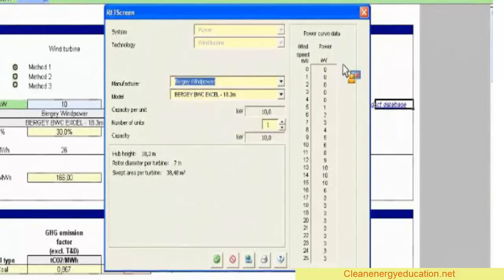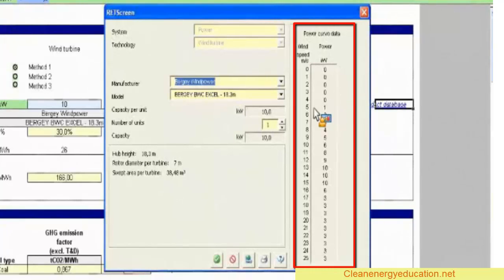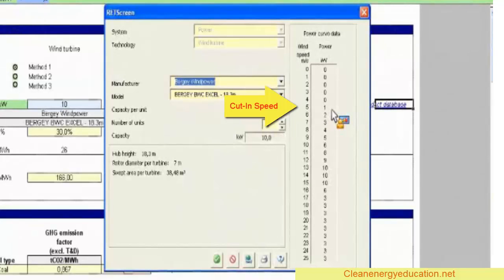So here we can see the power curve data. Then we see how the cut-in speed is about 5 meters per second. Then it starts providing 1 kilowatt, then increasing up to roughly 15 meters per second. Between 13 and 15 meters per second it provides the maximum power, and then it decreases, but the cutoff speed is quite far.